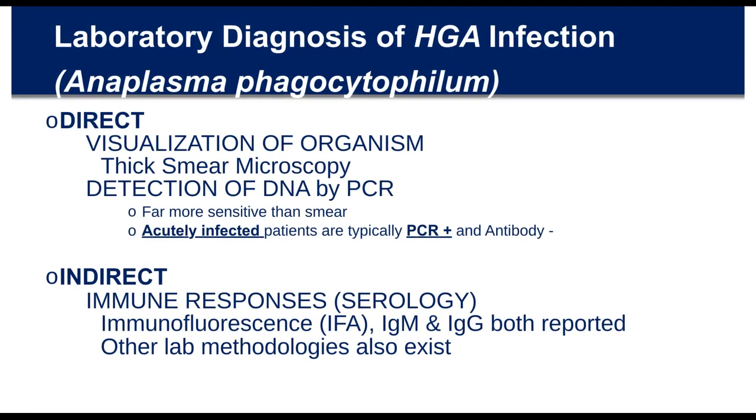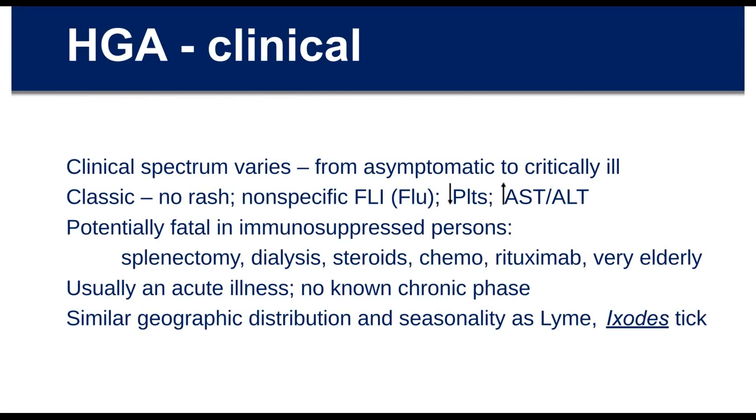Let me go back one slide. I would like to emphasize that there's no known chronic phase of HGA. I mention that because I see doctors order all the tick-borne disease tests, everything, for patients with chronic arthritis, chronic fatigue, for Anaplasma, for Ehrlichia, for miyamotoi.